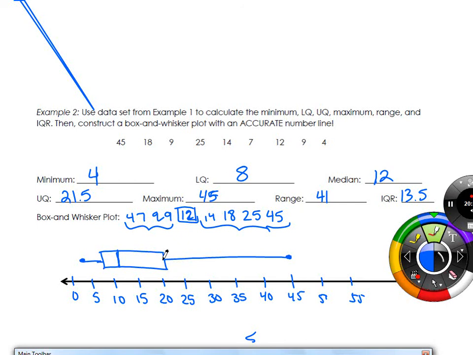In the numbers, 45 doesn't seem to fit. It seems significantly larger than a lot of the other numbers that we have up here. And then when we look at the spread of our data, these are also nice. This is a little bit longer, but not too bad. And then this is just ridiculously long because of that 45 that's out there. So we're going to talk in a little bit about how we can see if that's affecting our data.